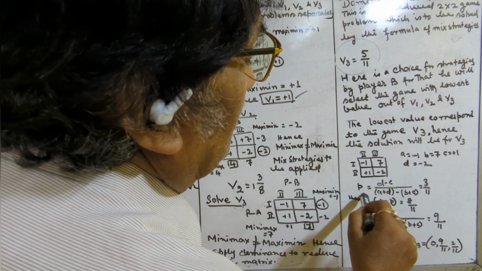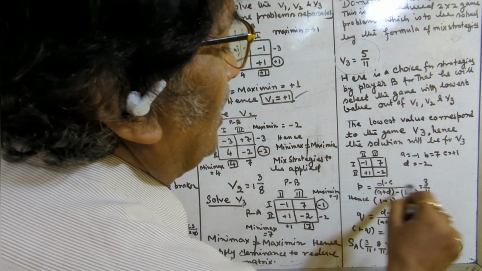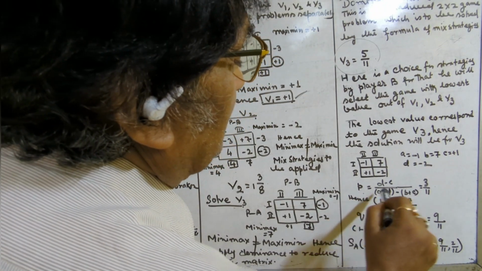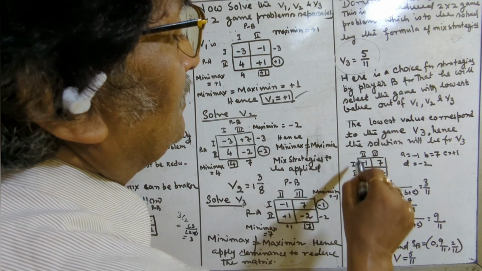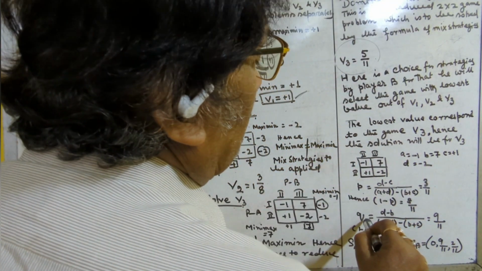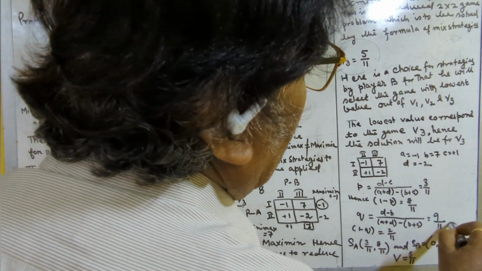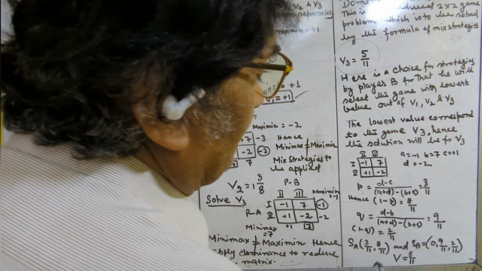The probability P, that is the probability for applying strategy 1, is 3 by 11. And if it is 3 by 11, then definitely 1 minus P is 8 by 11. Similarly for player B, what will be the probability? Q is D minus B over the denominator, and when you apply it, that will be 9 by 11. And 1 minus Q is 2 by 11.